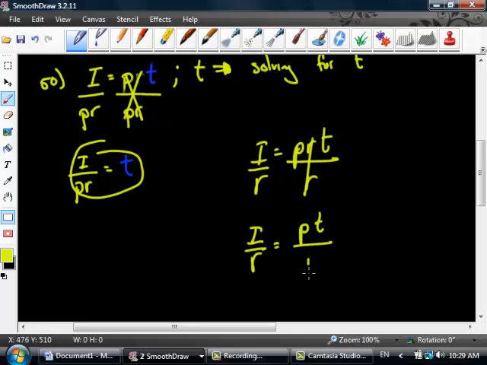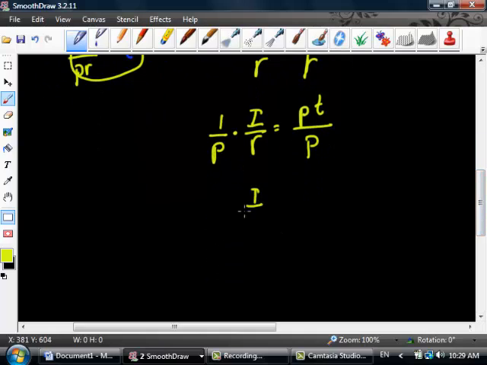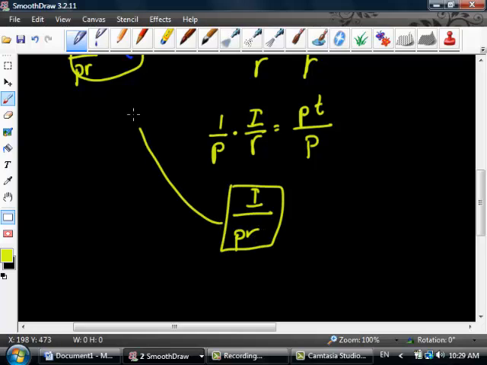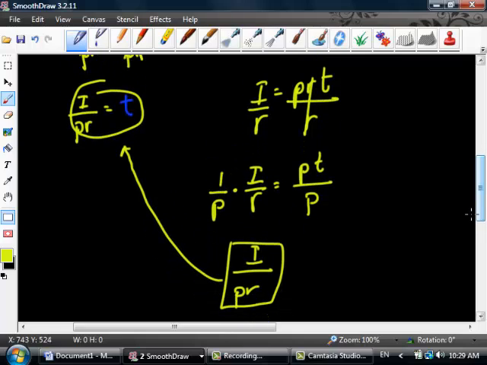And if I divide by P, remember, dividing by P is the same thing as multiplying by 1 over P, just like dividing by 2 is the same thing as multiplying by 1/2. So 1 times I is going to give me I, and then P times R is going to give me PR. So that's going to be the same thing as what I got up here. Okay. Any other questions before we finish it up?